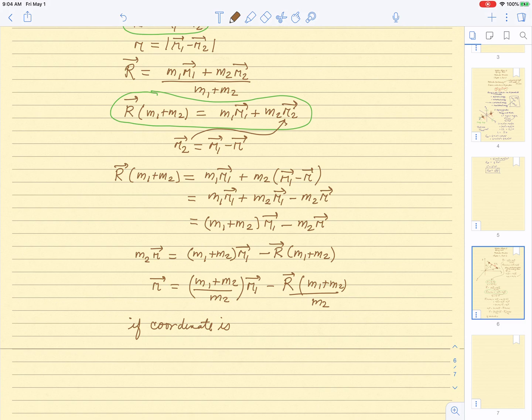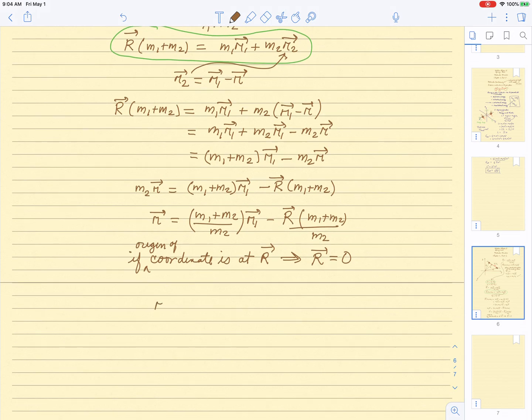And so now if the origin of the coordinate system is at R, implying now that R center of mass is equal to 0, then we have R is equal to M1 plus M2 over M2 times R1 vector, which is equal to M1 over M2 plus 1 times R1 vector, and that's what's in your text.